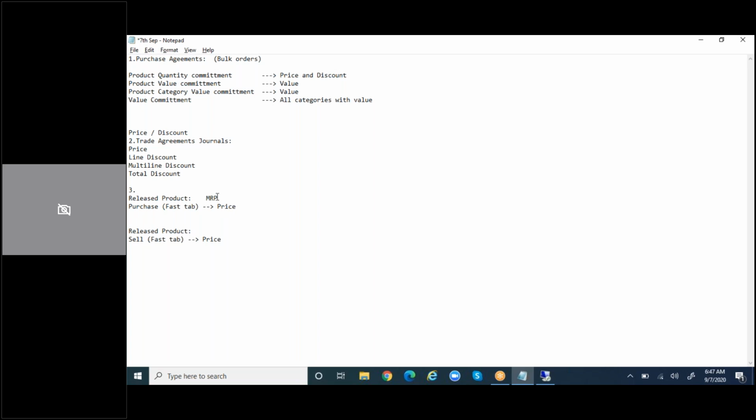This is the printed MRP, and on this printed MRP you are giving a lesser price. Take the example of mobiles. In that, the MRP price is suppose 8,500. This is the MRP price, but you are offering 8,000 rupees.